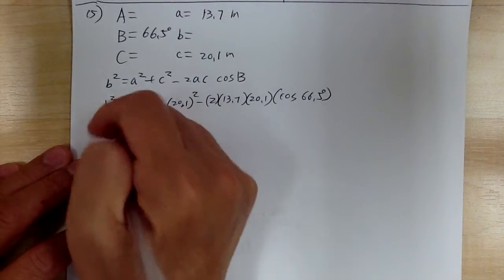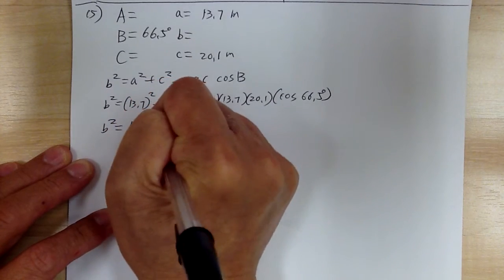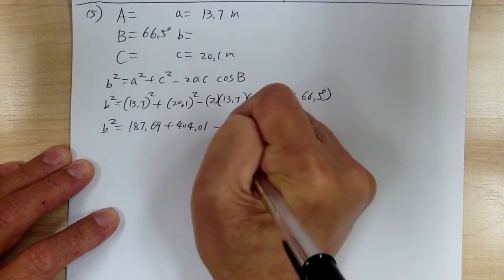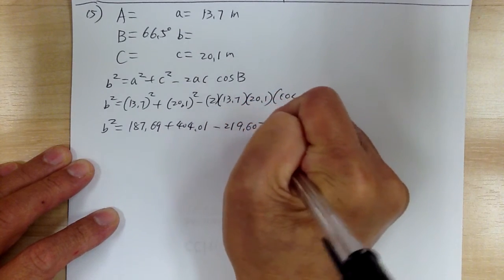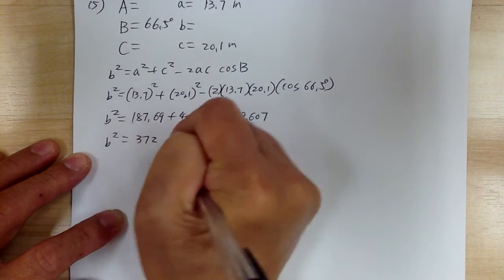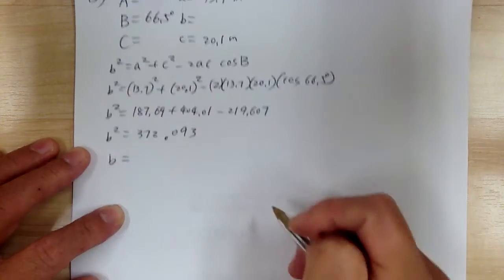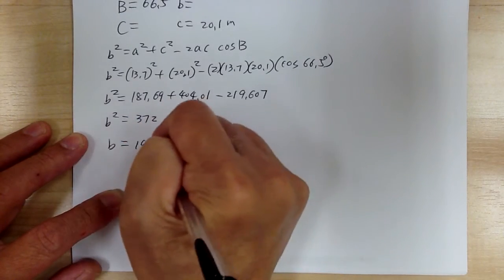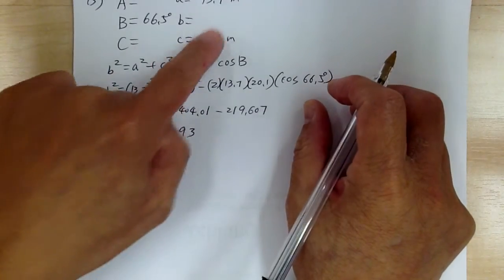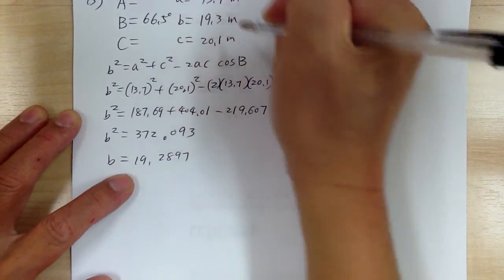After that, go and work it out. So you got b squared equal to 187.69 plus 404.01 minus 219.607. So b squared equal to 372.093. Take the square root, so b equal to 19.2897. So when you put up here, you go to one decimal place, so you get 19.3 meters.